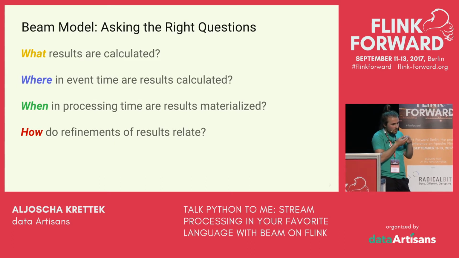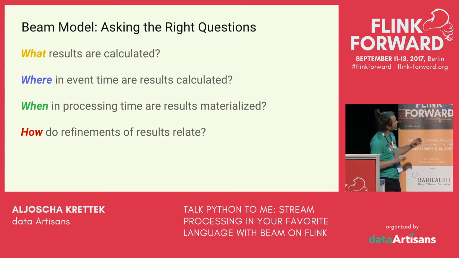You have to answer where, which tells you where in time you are computing things. This becomes, as we will see, important in stream processing, because stream processing is processing of an infinite stream, as we all know, and the where question definitely defines basically what windows you have. When is the question of when you want these results to be produced?